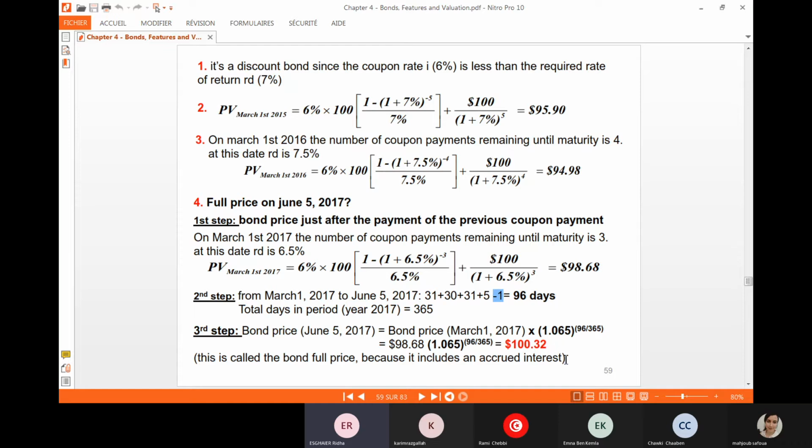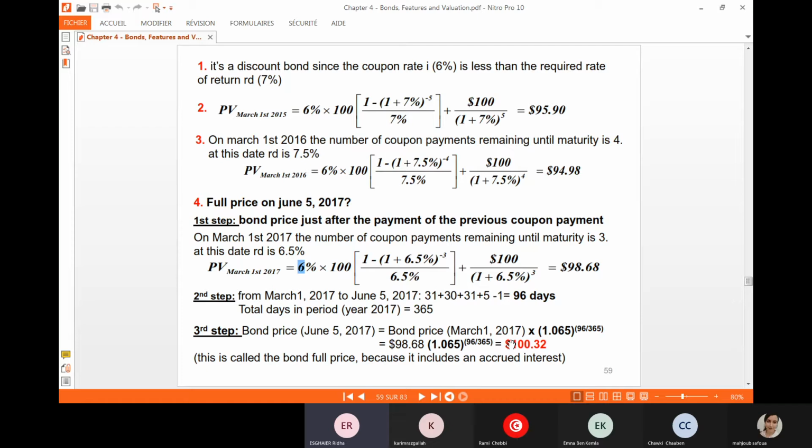100.32. As I explained during the previous session, the price of the bond here is higher than its par value. It's not because the bond is a premium bond. No, the bond is not a premium bond. The bond here is still a discount bond because the interest rate paid by the bond, called the coupon, is less than the yield to maturity.